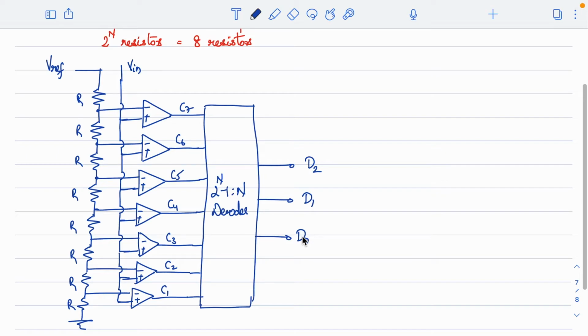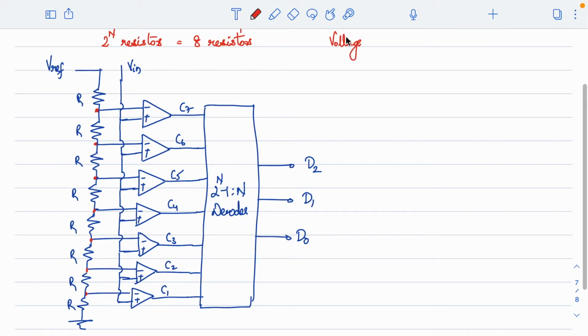Now first, if you look at the voltage at each tap, we know there are 8 resistors. Let me write it here.